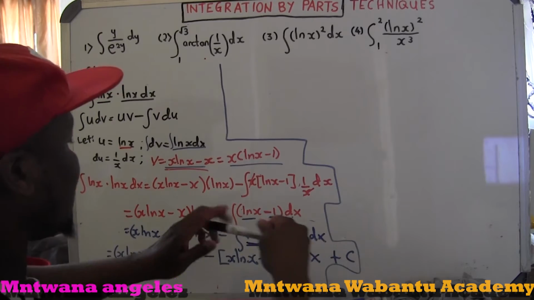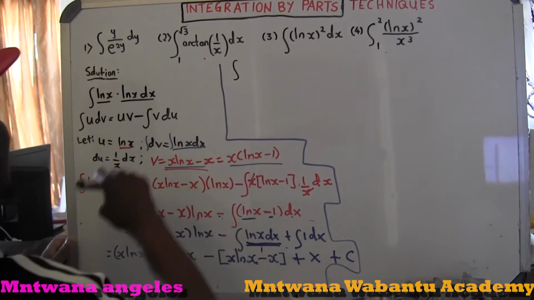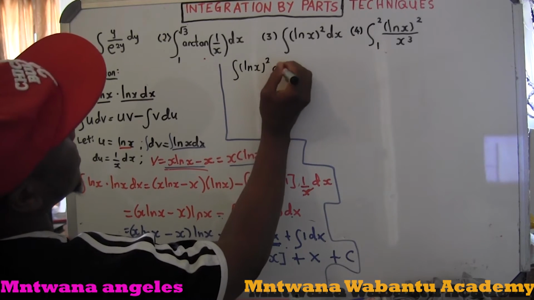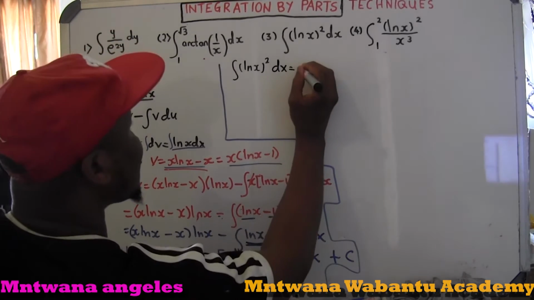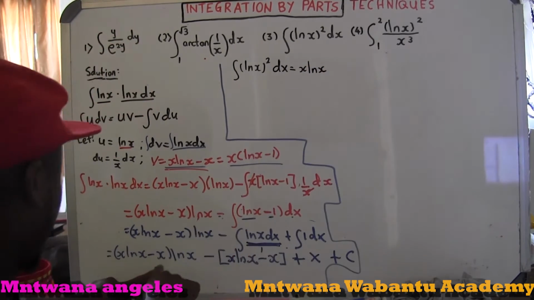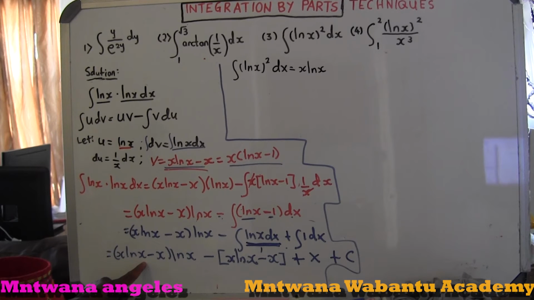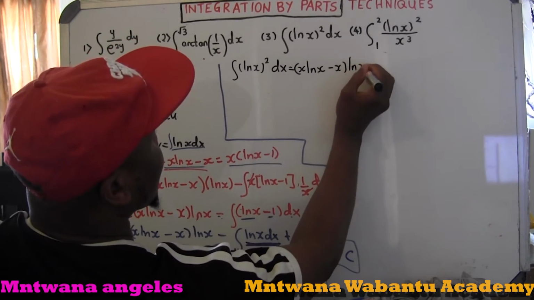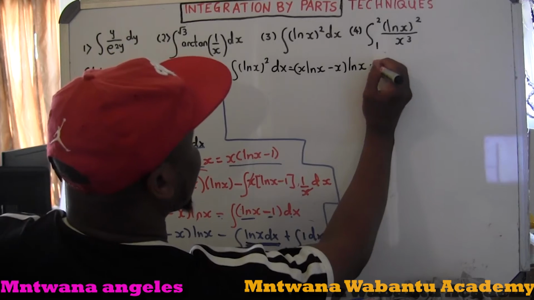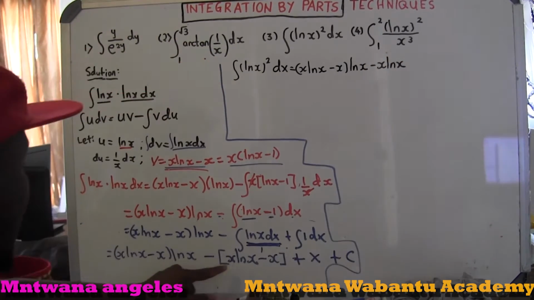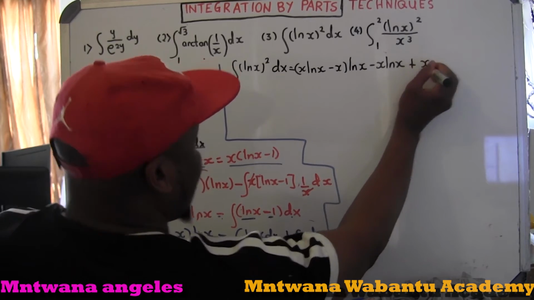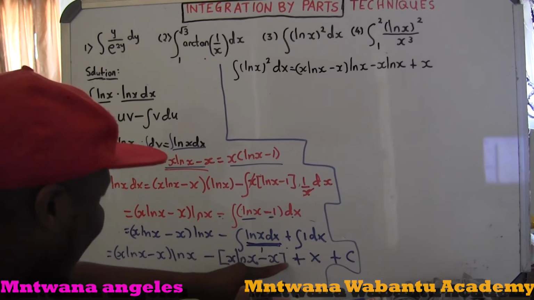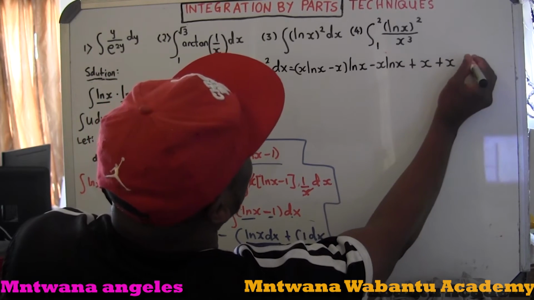So finally, when you integrate ln of x dx, this is what you got: x ln of x, ln of x is ln of x minus x, ln of x minus x ln x plus x, another plus x, plus our big constant.